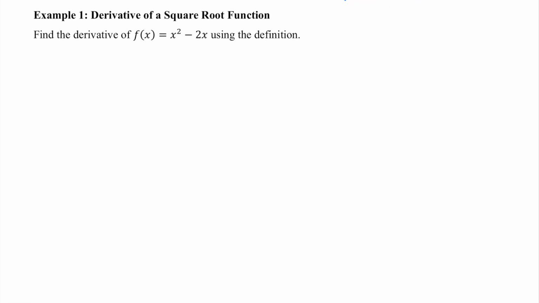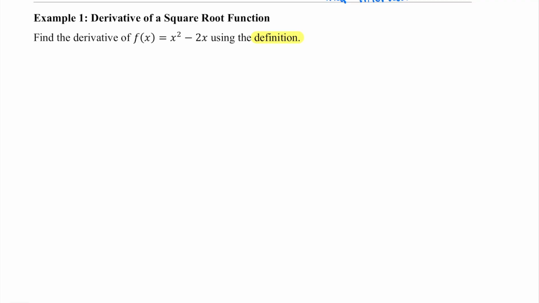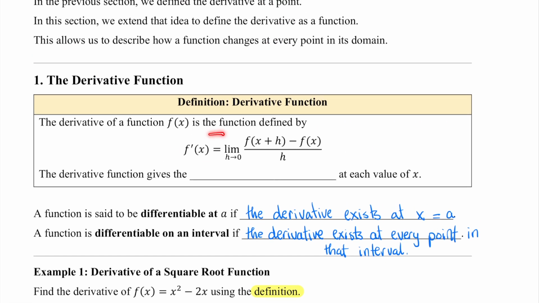Now, let's try an example. Find the derivative of the function f of x equals x squared minus 2x using the definition. This is the derivative definition, so we want to use it to find the derivative.